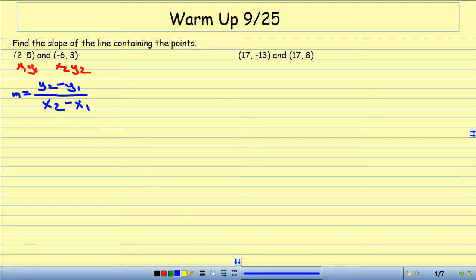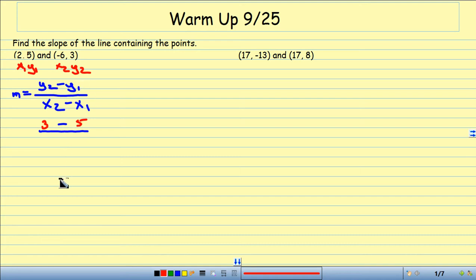Now I'm going to take my points and just plug them straight in. So in this case, y2 is 3, y1 is 5. I'm going to subtract them, and that's over x2 minus x1.